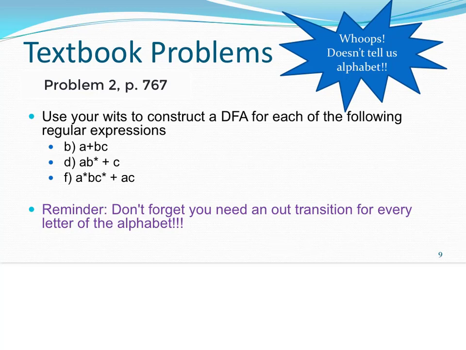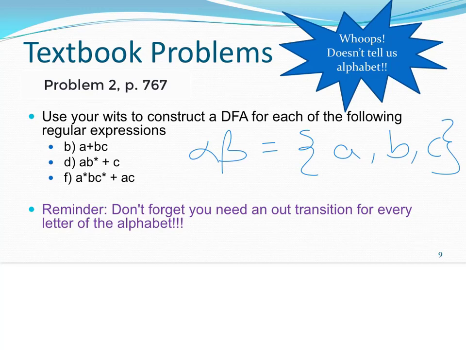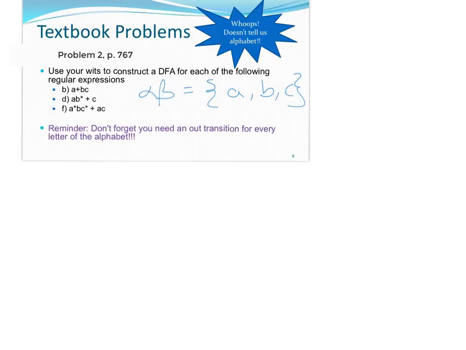But let's just assume, since the book assumes, I'm sure, that our alphabet is the set containing the 3 symbols A, B, and C. Okay? So let's do each of these problems in turn. Let's start with the language A plus BC.